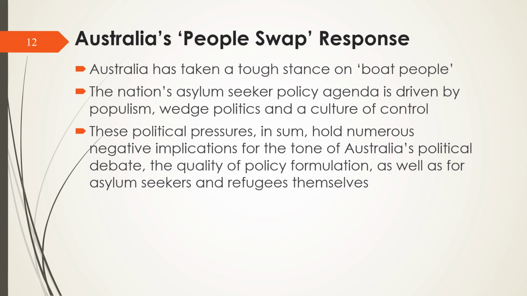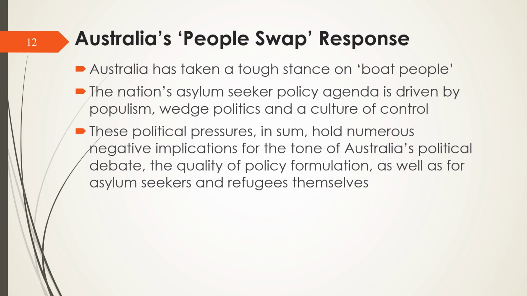This holds numerous negative implications for the quality of Australia's political debate and policy formulation, as well as for asylum seekers and refugees themselves. There's a nexus between populism, wedge politics, and the increasing number of asylum seeker boats coming to Australia. These three dimensions appear to feed off each other.